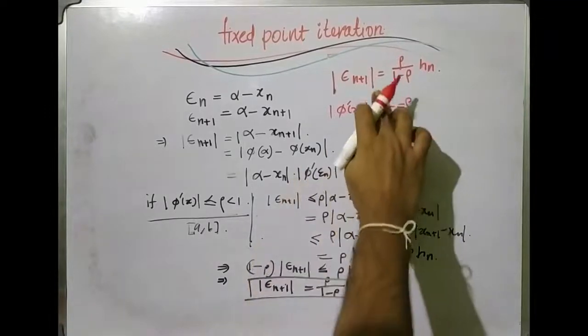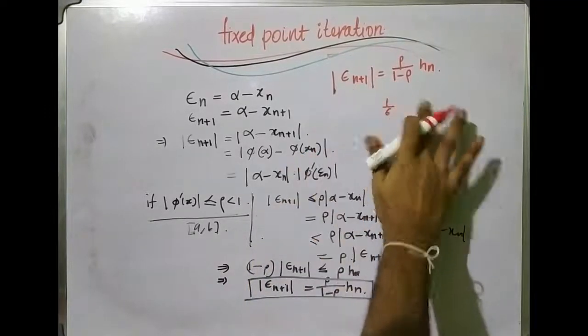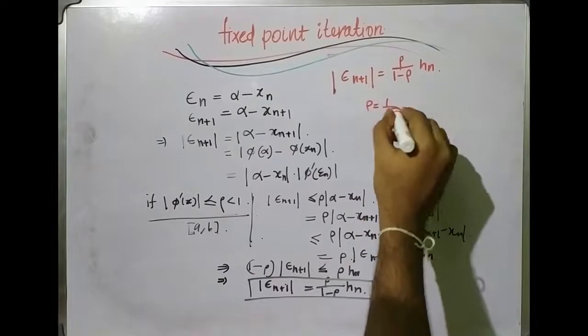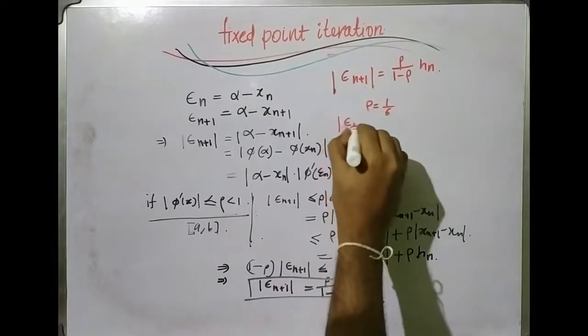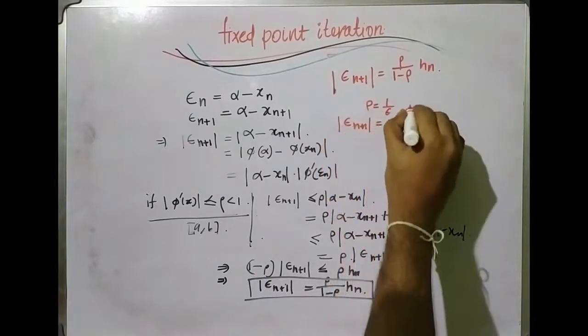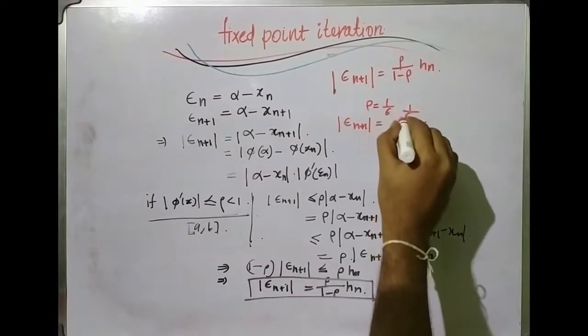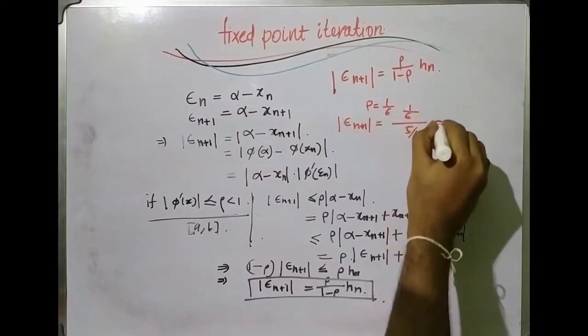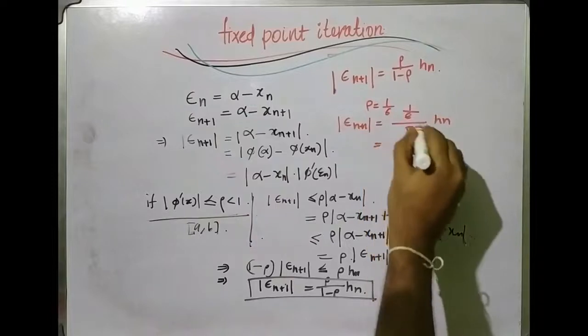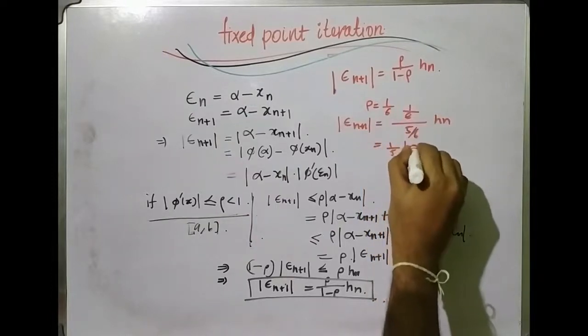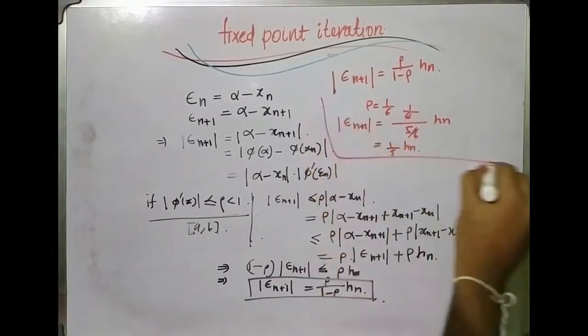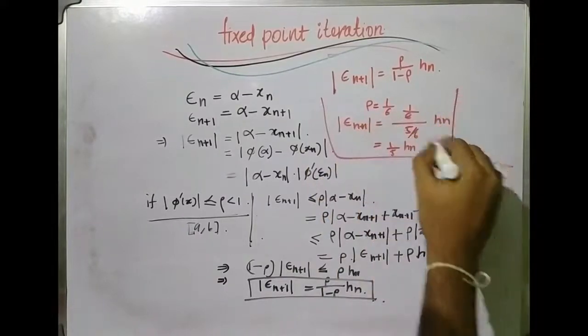Suppose that rho is 1 by 6. Then what will be the epsilon n plus 1 modulus of it? 1 by 6 divided by 1 minus 1 by 6, that is 5 by 6 hn, which gives us 1 by 5 hn. So that is for rho equal to 1 by 6.